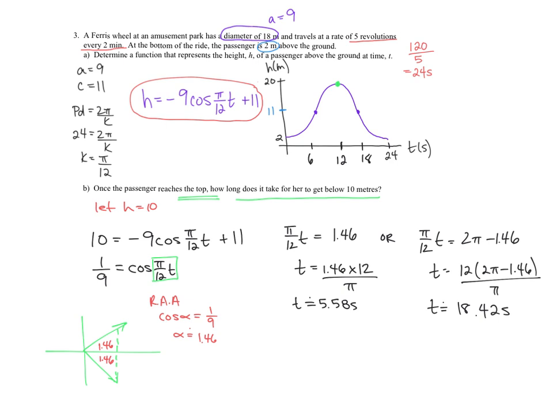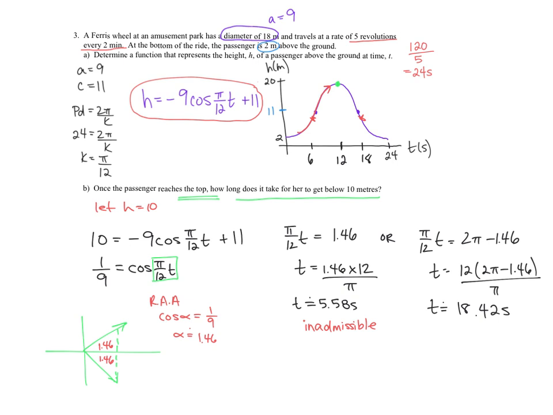Well, at 5.58 seconds, we haven't reached the top yet. We're still on our way to the top. So this answer here is going to be inadmissible. We have not reached the top yet.